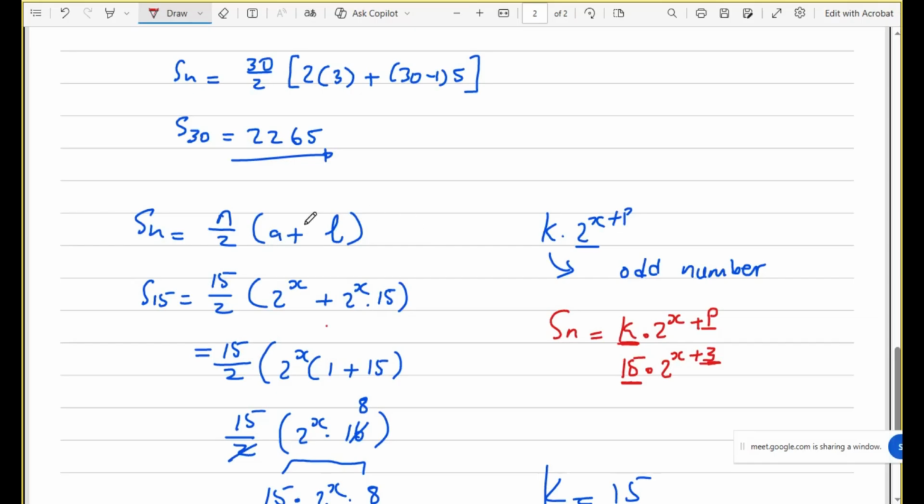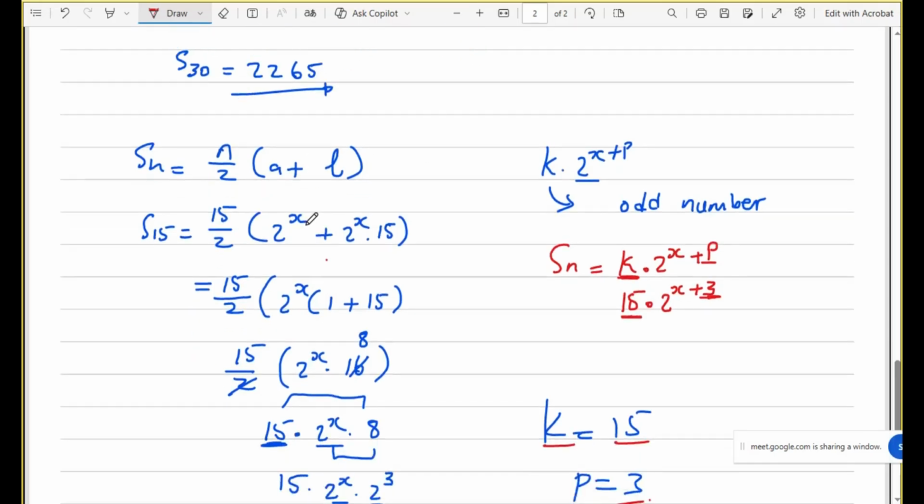Let's start with this one. You understand why we're saying n is 15? Why we substituted n as 15? Yes. Okay. What about this one? You understand why we say a is 2 to the x? Yes. You understand why the last term is 2 to the x times 15?